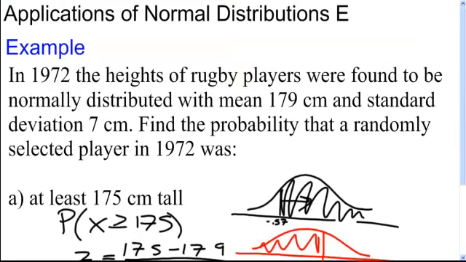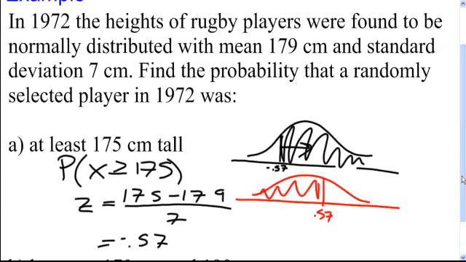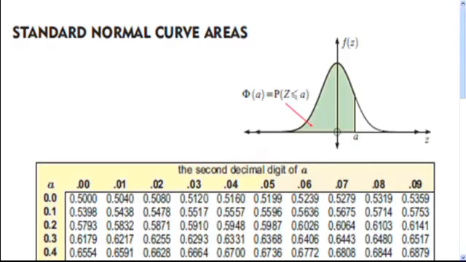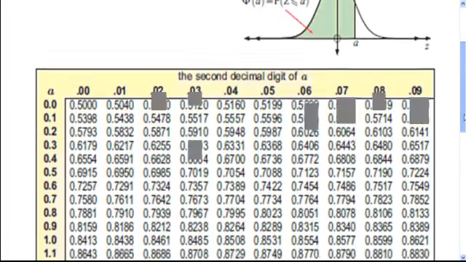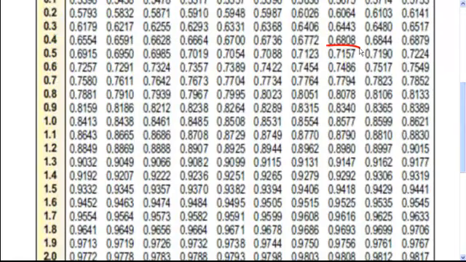So now I'm going to go to my table and I'm going to find where it equals 0.57. So on my table, 0.57 standard deviations away, as long as I followed my 7 column down correctly, is 0.7157.